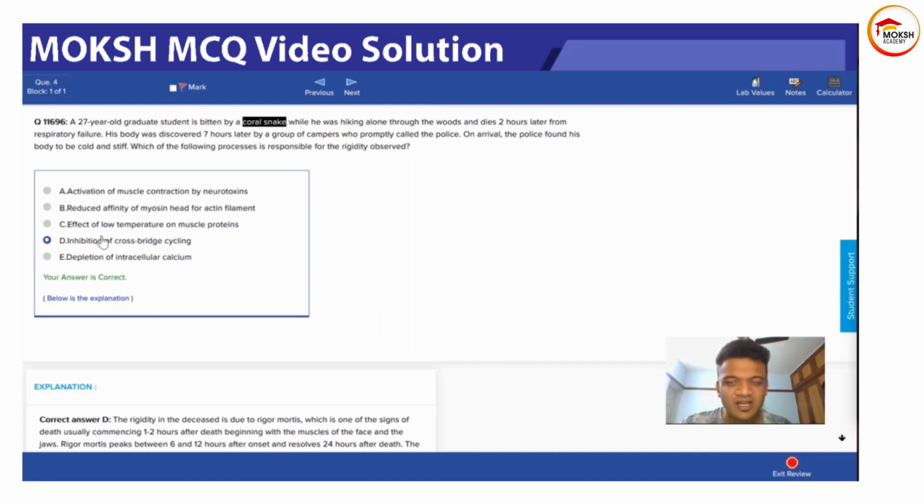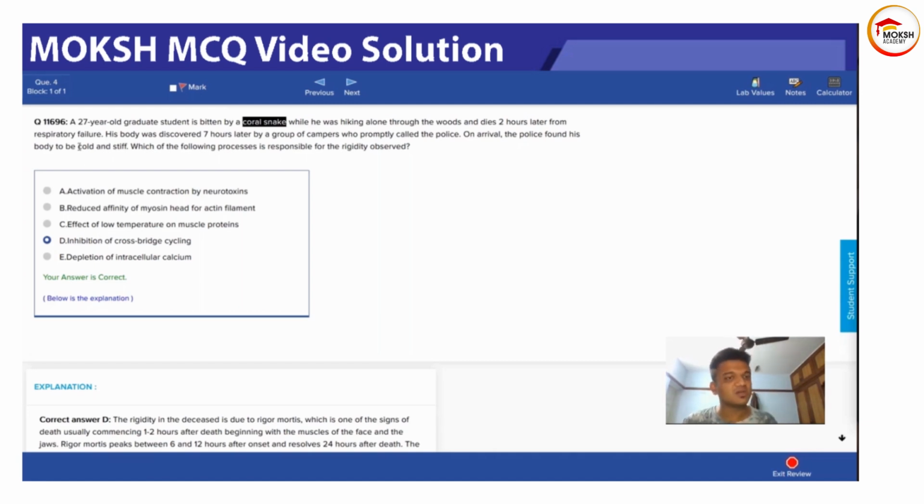Reduced affinity of myosin head for actin filament? No, they are just like magnetic poles. They don't lose their affinity. The affinity is their intrinsic nature. They do not require any state for that. Effect of low temperature on muscle proteins? Yes, it might cause a contraction, but the question doesn't mention temperature, so you are not sure whether he was actually in low temperature.